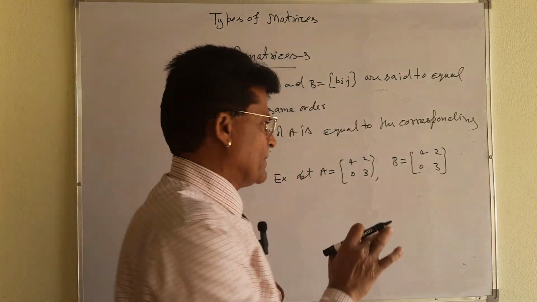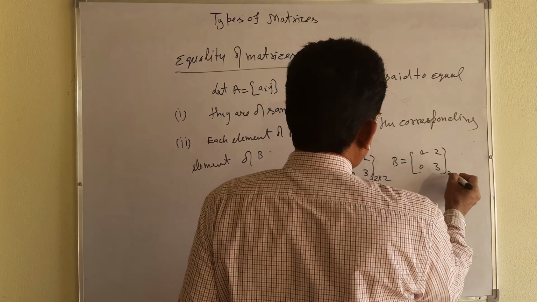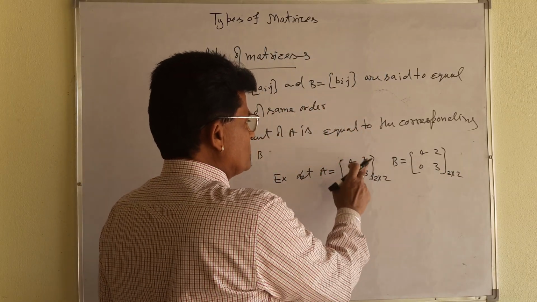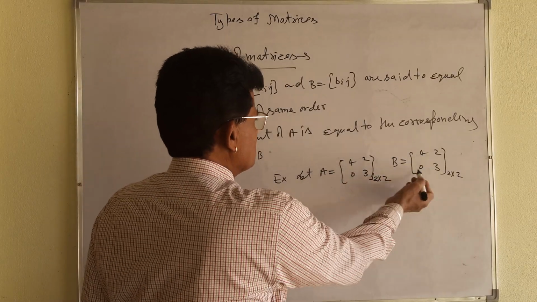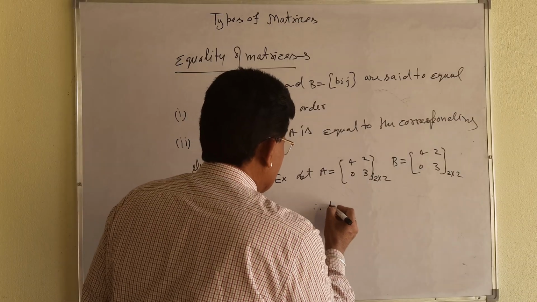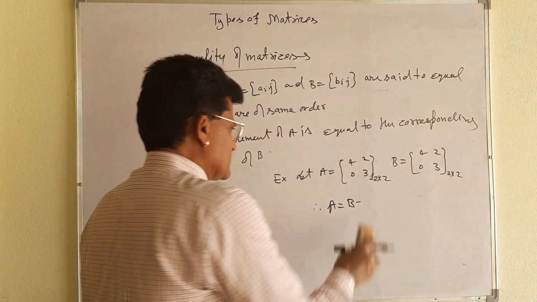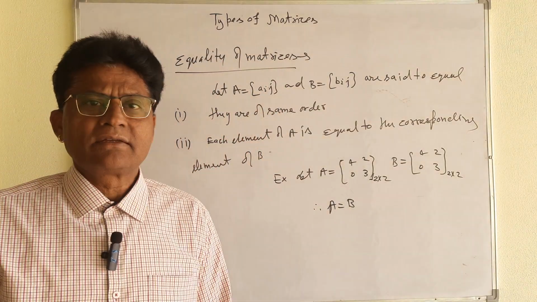Okay, and corresponding elements are same. You see 4 के स्थान पे 4 है, 2 के स्थान पे 2 है, 0 के स्थान पे 0, 3 के स्थान पे 3. So A will be equal to B. Both matrices are equal. You see how it is important.